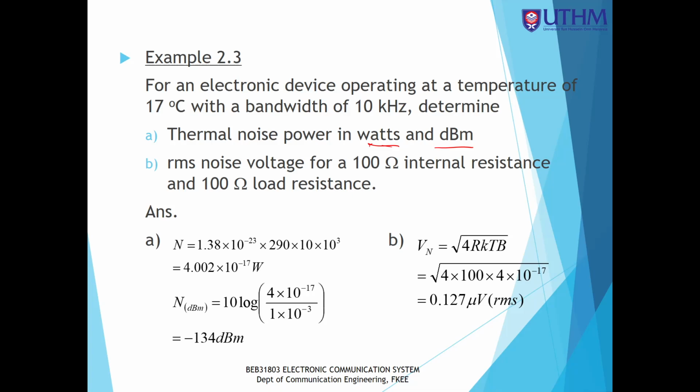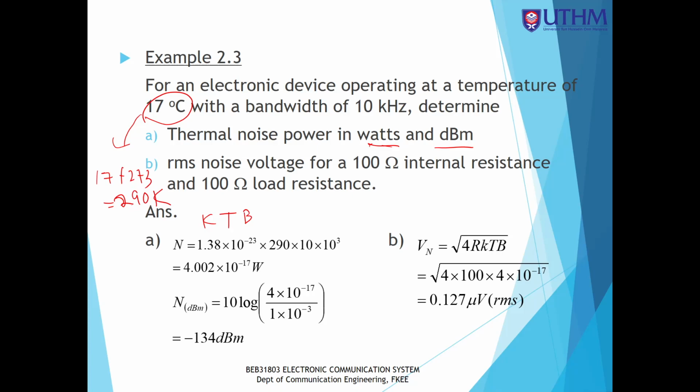In order to calculate the noise power, you need KTB, K times T times B. So 1.38 times 10 to the power of minus 23 multiplied by the temperature. You must convert this into Kelvin, so you add 273. 17 plus 273, you will get 290 Kelvin.